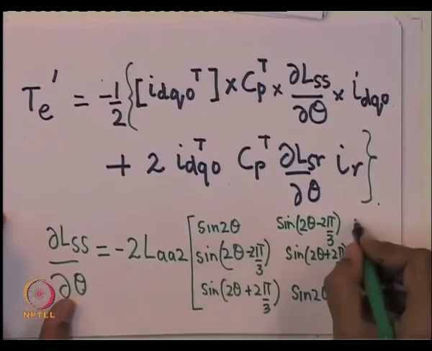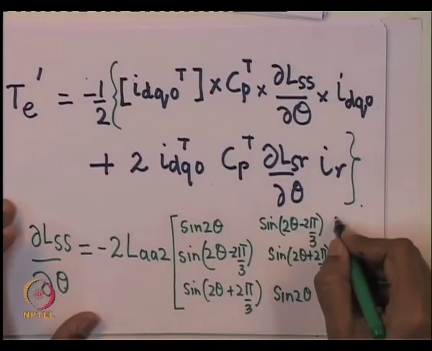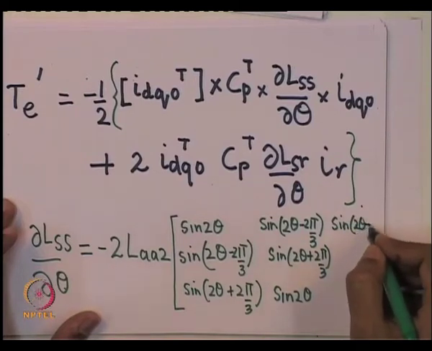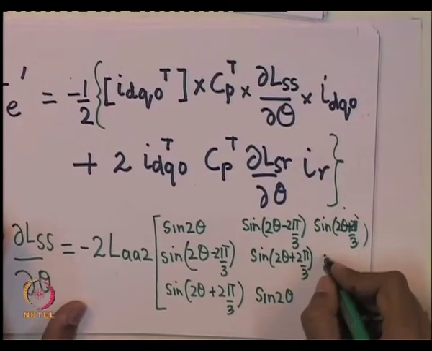Since it may not be very clear, I will just read it out: sine of 2 theta plus 2 pi by 3 is not very clear here. So, maybe we will just write it down again.